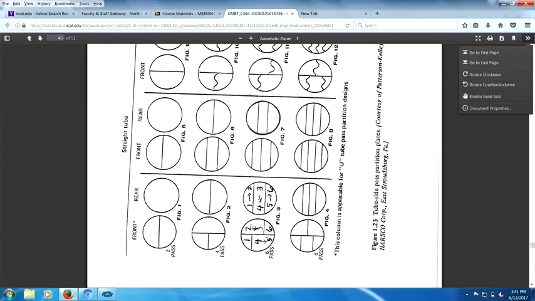Comes out at 2, goes in at 3, comes out at 3, goes into 4, comes out at 4, goes into 5, comes out at 5, goes into 6, and comes out at 6. That's a 6-passer right there. That's determined by the channel covers. This is the front of the exchanger, and this is the rear of the exchanger.